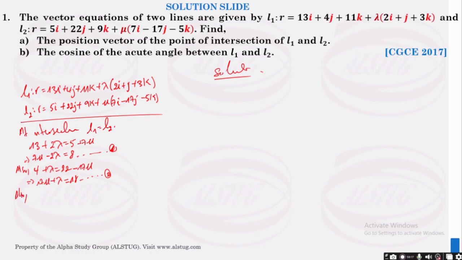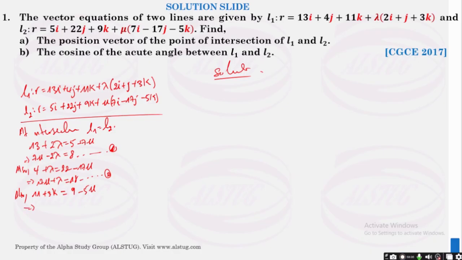Also, for the j, 11 plus 3k should be equal to 9 minus 5 mu.